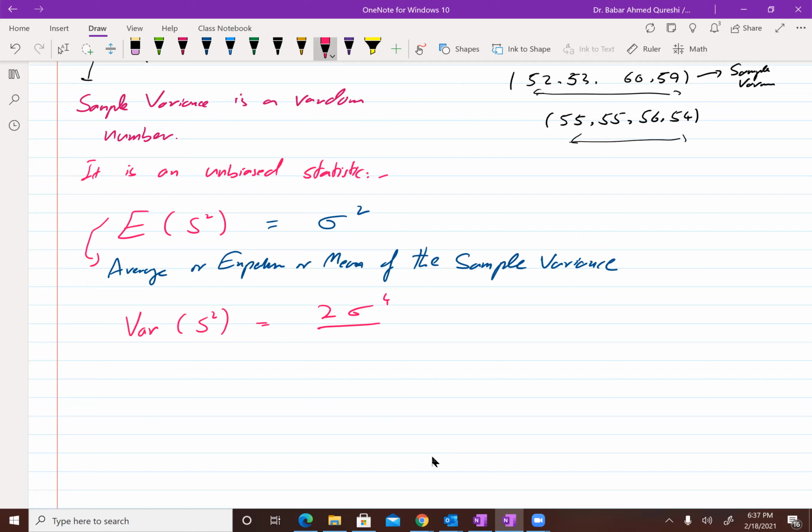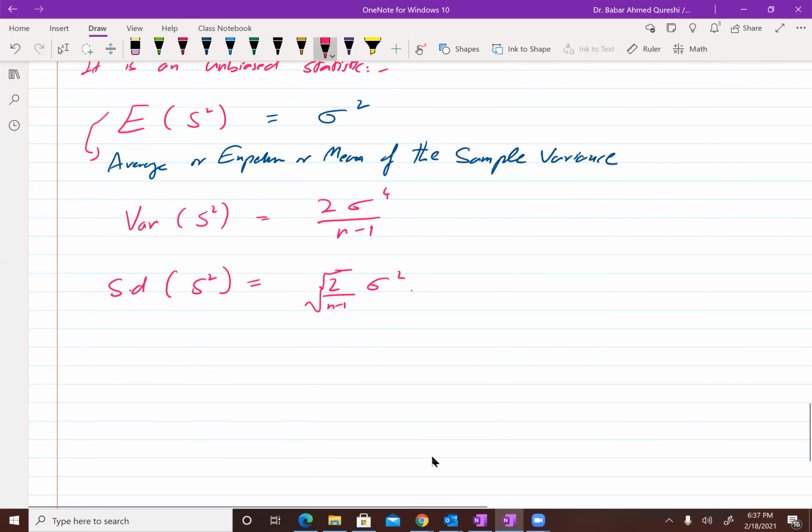It's this, or the standard deviation of the sample variance is... it turns out that the probability distribution for the sample variance is not very simple, and it doesn't take any universal form. It depends on what the distribution of the original population is.